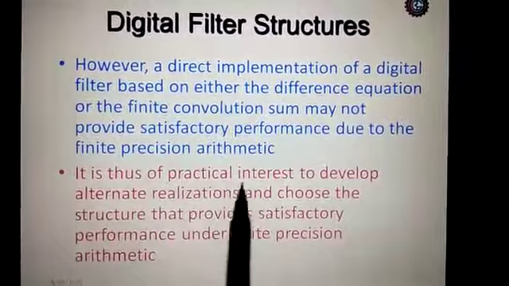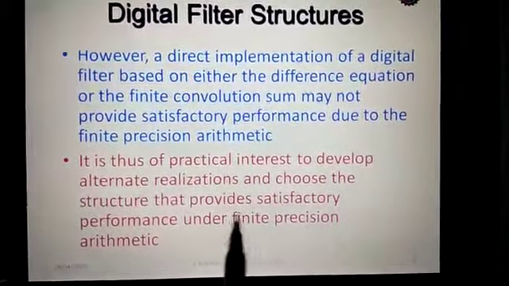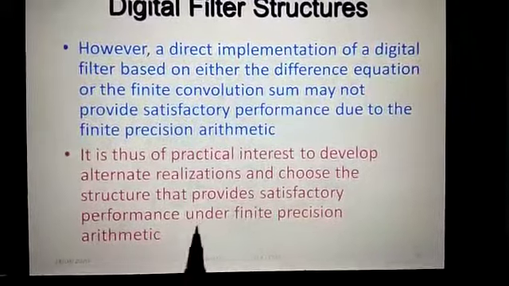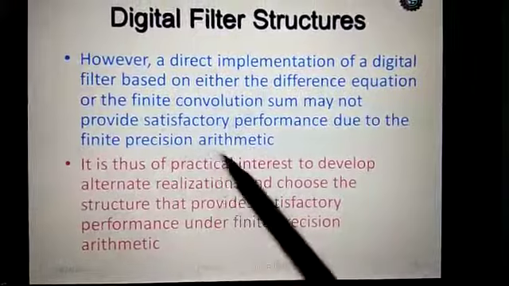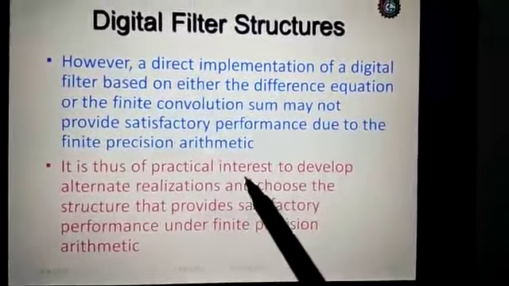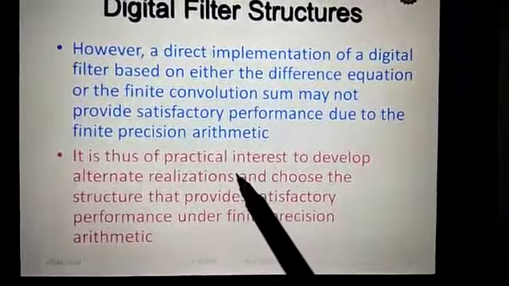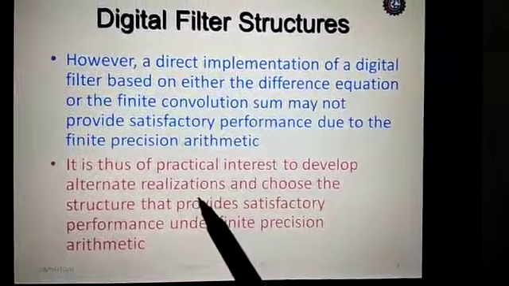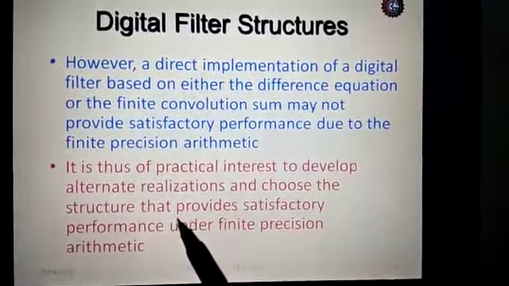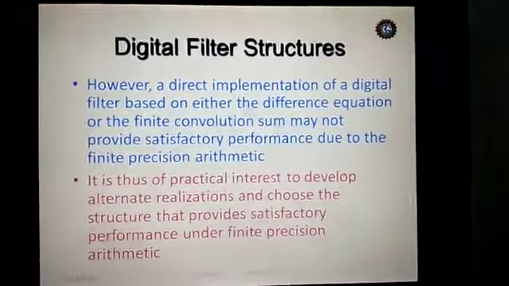It is thus of practical interest to develop alternate realizations and choose the structure that provides satisfactory performance under the finite precision arithmetic. This is important. Why we need the filter structure, or this structure also called the realization? So realizations are important to choose the particular structures to provide the satisfactory, optimum performance.